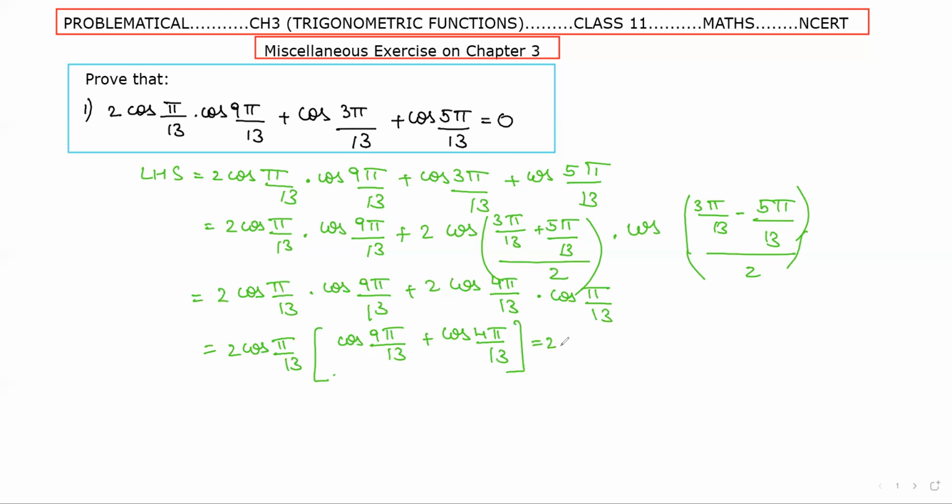This is equal to 2 cos pi by 13 into cos of 9 pi by 13 plus 4 pi by 13 whole upon 2, plus cos of 9 pi by 13 minus 4 pi by 13 whole upon 2.